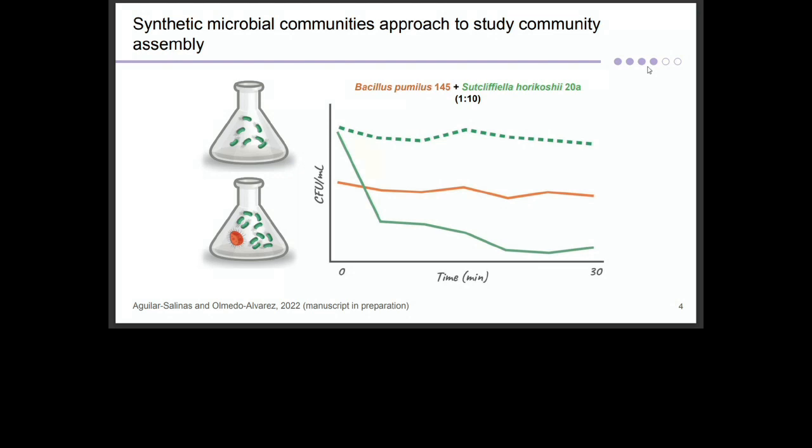He studied this particular Bacillus. Here we have pairwise interactions, Bacillus pumilus 145 and Subclifera horikoshi 28, in a specific ratio of 1 to 10.